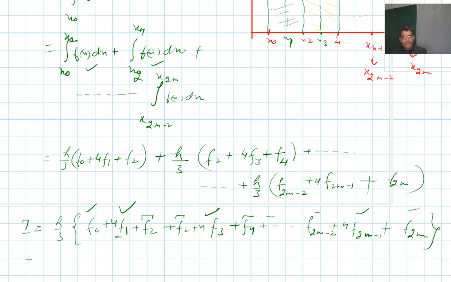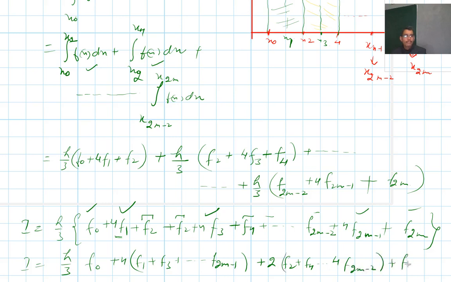So I can write the integral as h by 3 times f0 plus 4 times (f1 plus f3 and so on, up to f of 2m minus 1) plus 2 times (f2 plus f4 and so on, up to f of 2m minus 2) plus f of 2m.